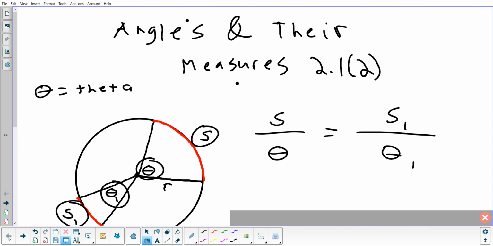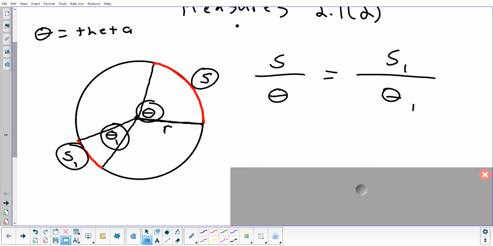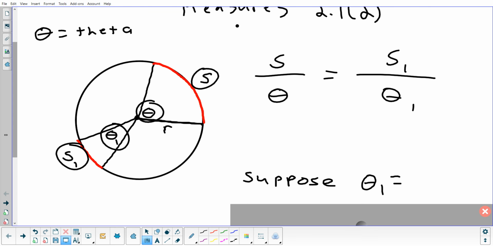Now, let's go back to ours. We have to fill something in that's true. It doesn't matter what side you put it on, but you just need something that we know is true. If we let theta 1 be a certain size, then we will automatically know the arc length. And this is something we did yesterday.